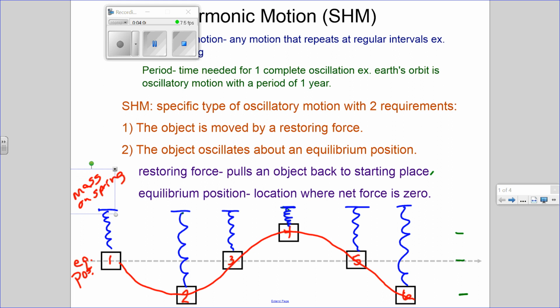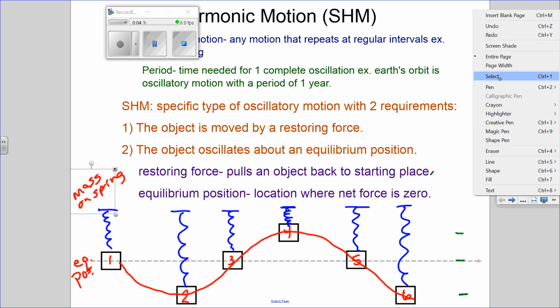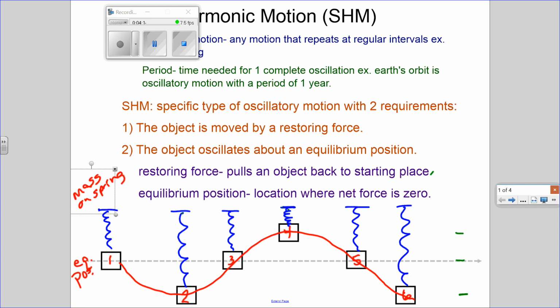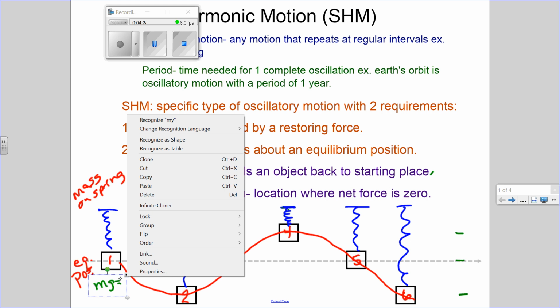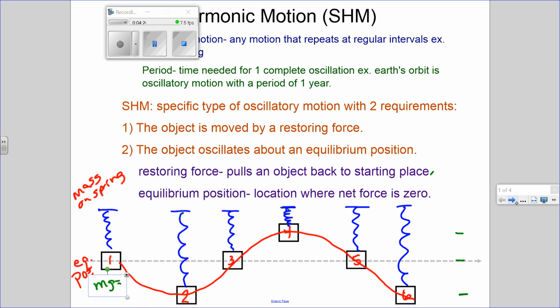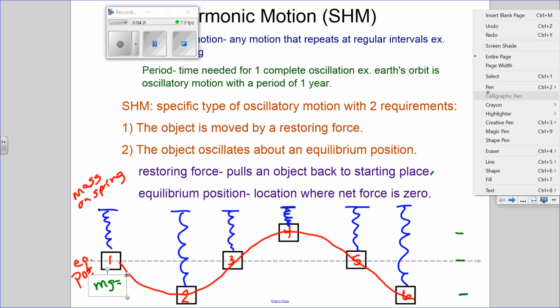And so if we look over here at the equilibrium position, I told you that in order for it to be an equilibrium position, we have to have all the forces balanced there. And right here, we have gravity pulling it down, and that is completely balanced by the spring force pulling it up.